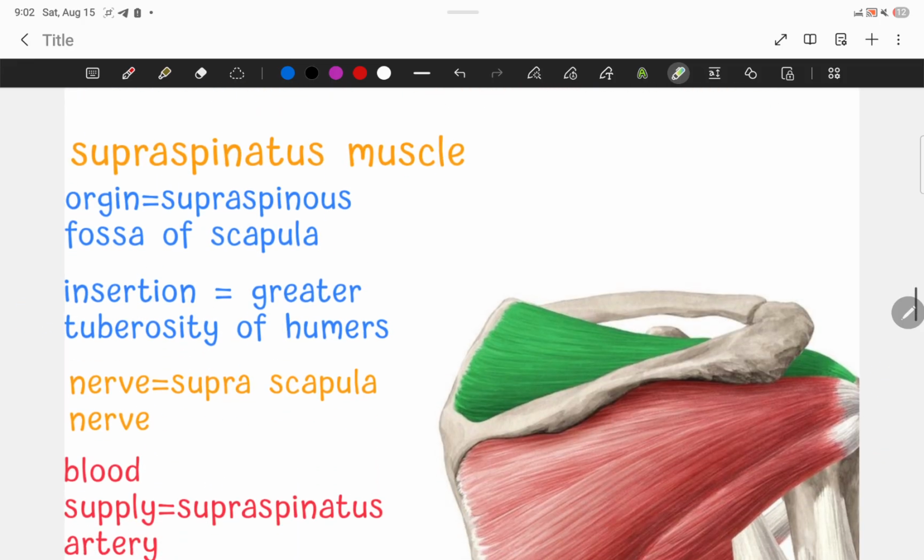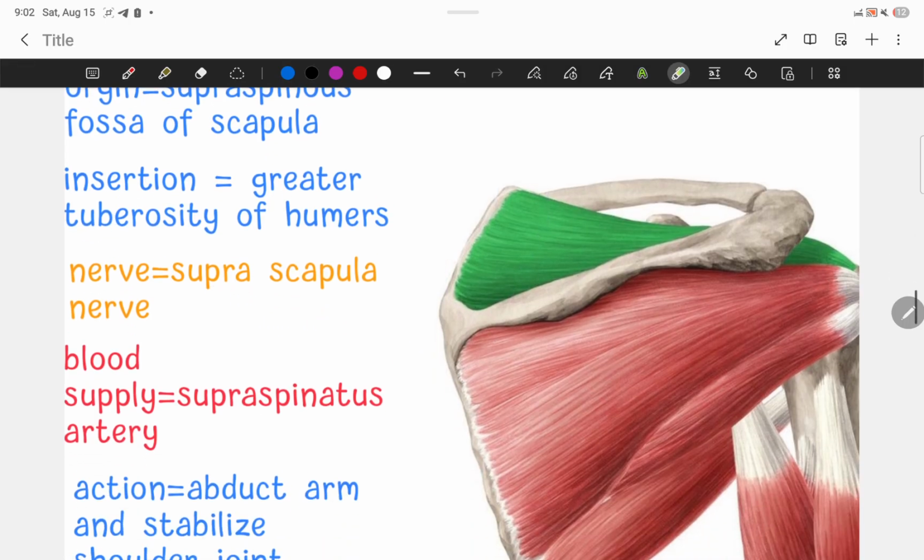And we talk about the supraspinatus muscle. Of course, it is superior to the spine, and the origin is the supraspinous fossa of scapula. Insertion is the greater tuberosity of humerus. Nerve supply is the suprascapular nerve. Blood supply is the suprascapular artery.